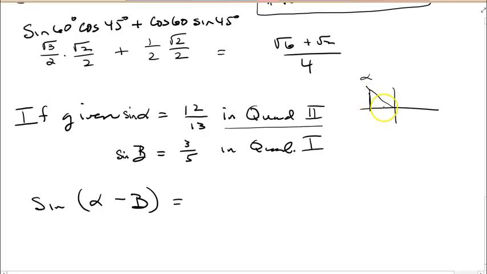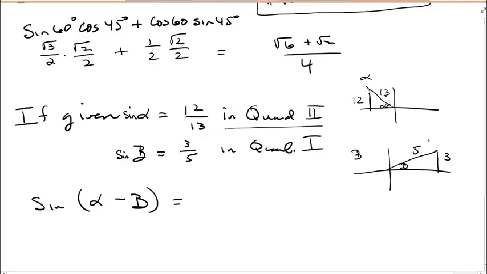It's 12 over 13, so here's my alpha reference angle, and that's going to be 12 over 13. Now beta is in quadrant 1, so that's beta. It's not a reference angle in quadrant 1. And sine of beta is going to be 3/5.